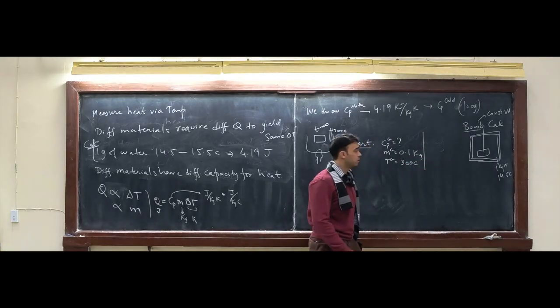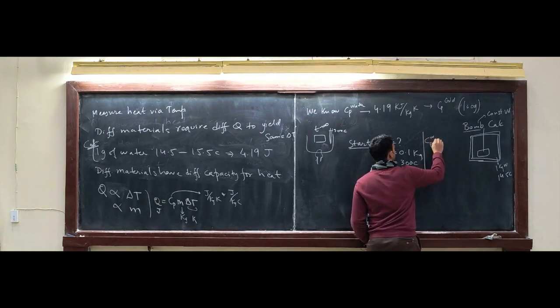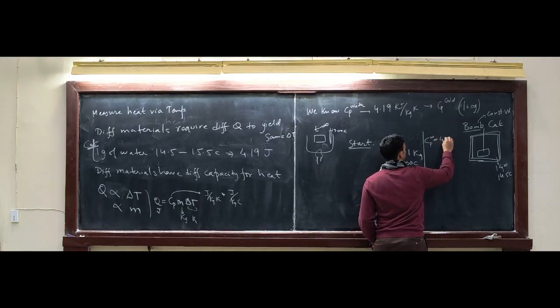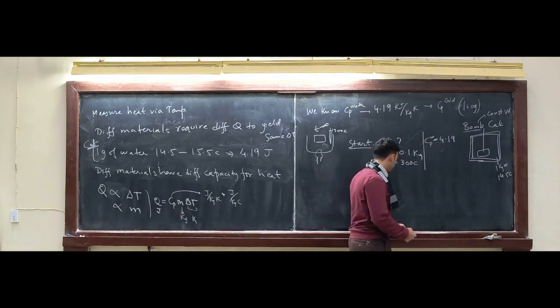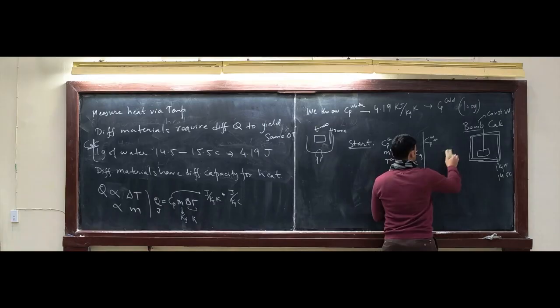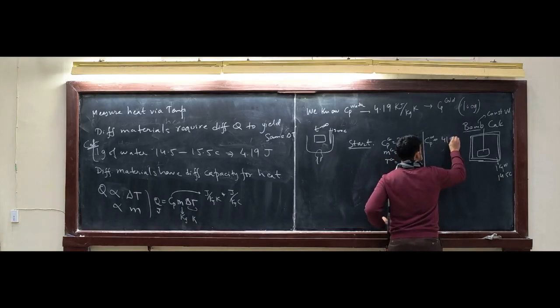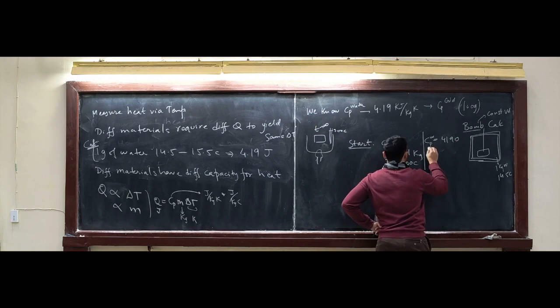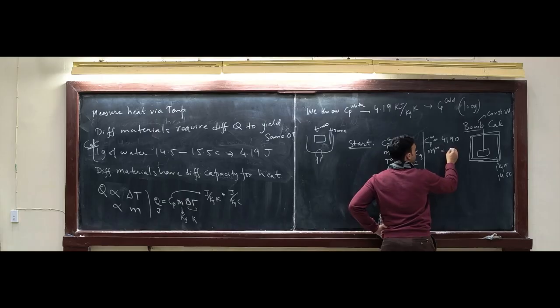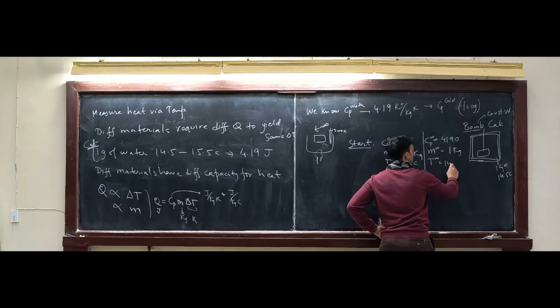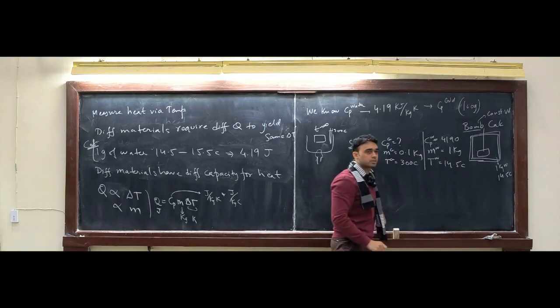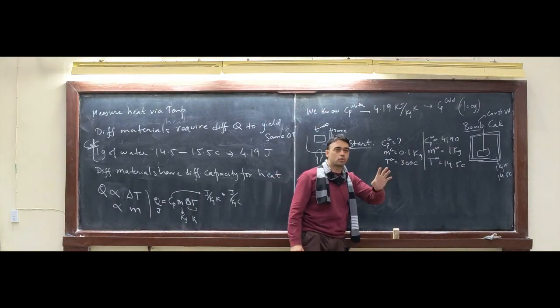In case of water, we know CP of water is 4.19, but it's in kilojoules, so let me write it: 4190. Mass of water, for convenience, we will just take 1 kg. T of water is initially 14.5 degrees Celsius. So I'm just writing in tabulated form what I've already told you. Yes?